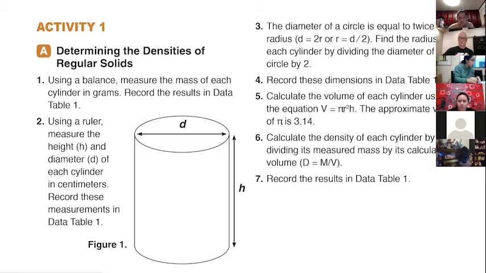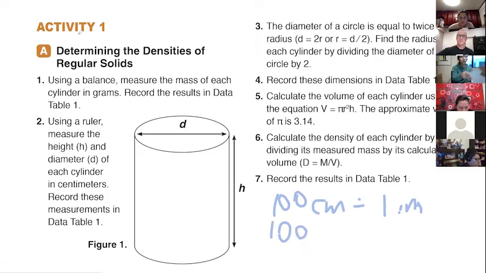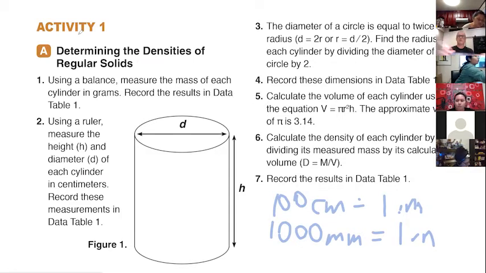And we know that there are 100 centimeters in 1 meter. There are 1,000 millimeters in 1 meter. And so these small units are millimeters and the large ones are centimeters.